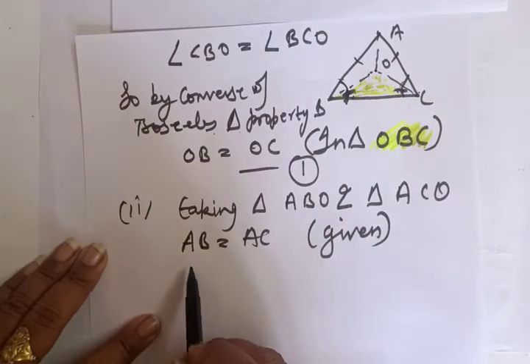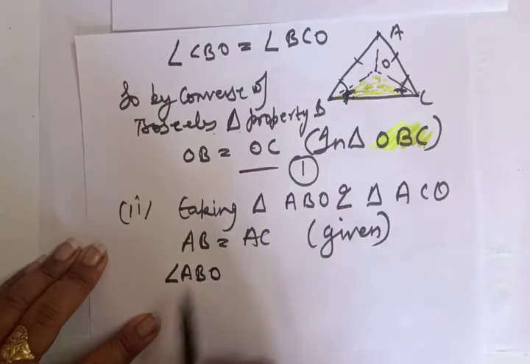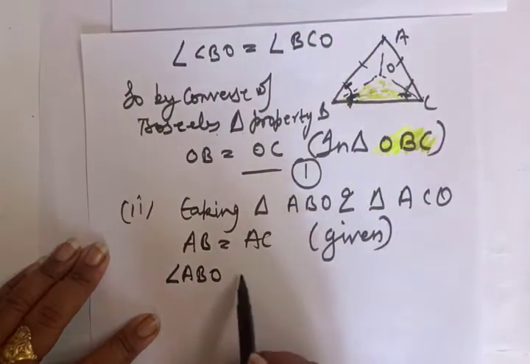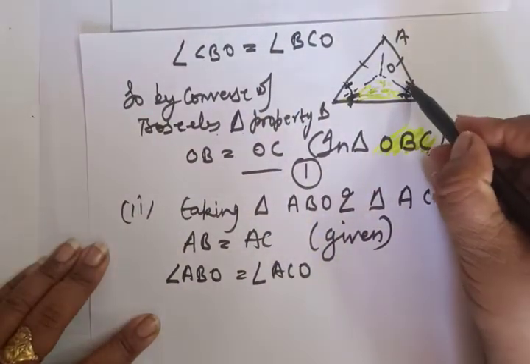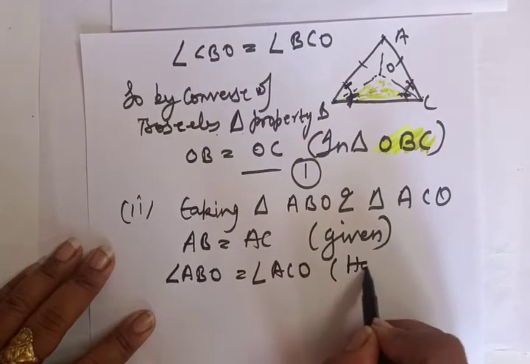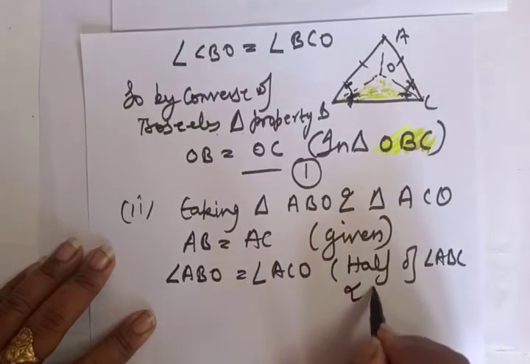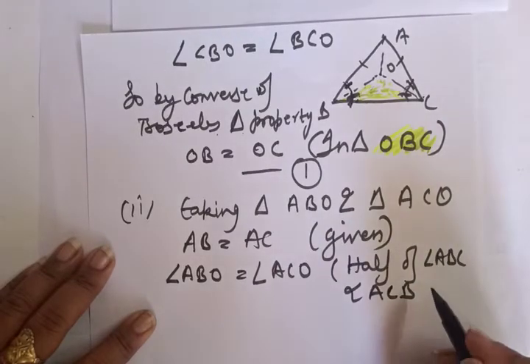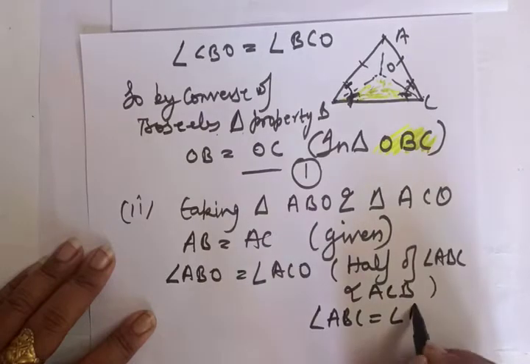And angle ABO, this angle, is equal to angle ACO, this angle, half of angle ABC and angle ACB, and angle ABC is equal to angle ACB.